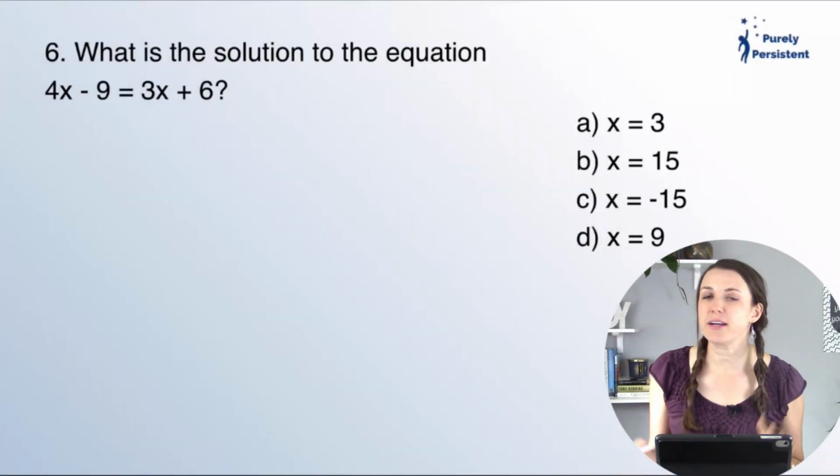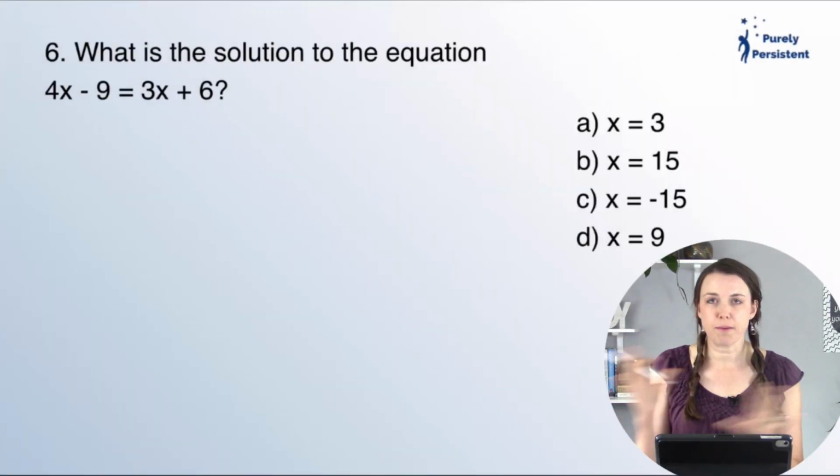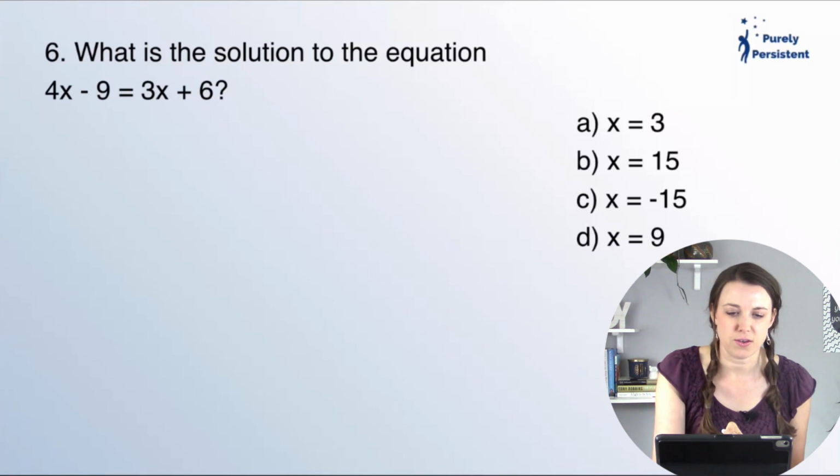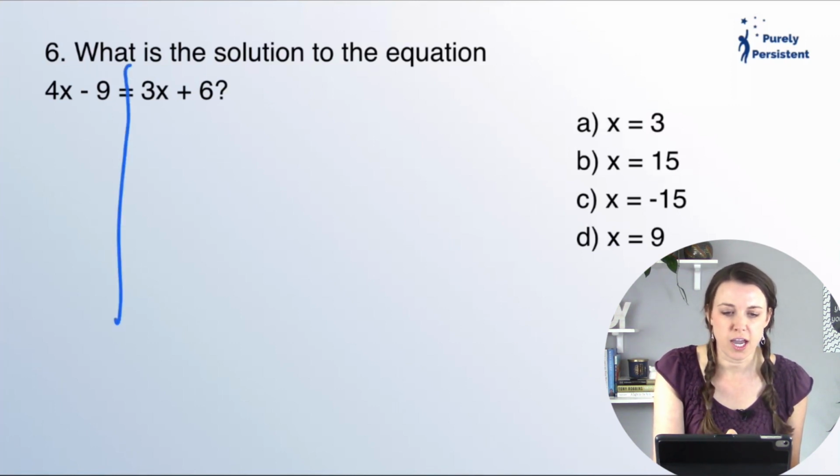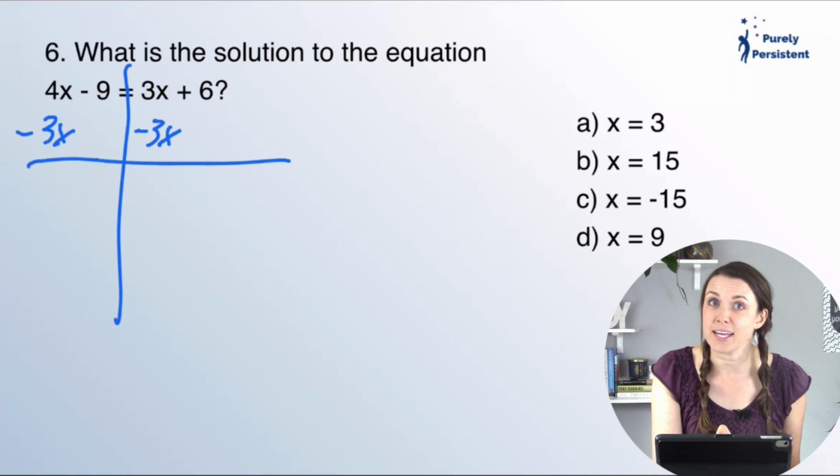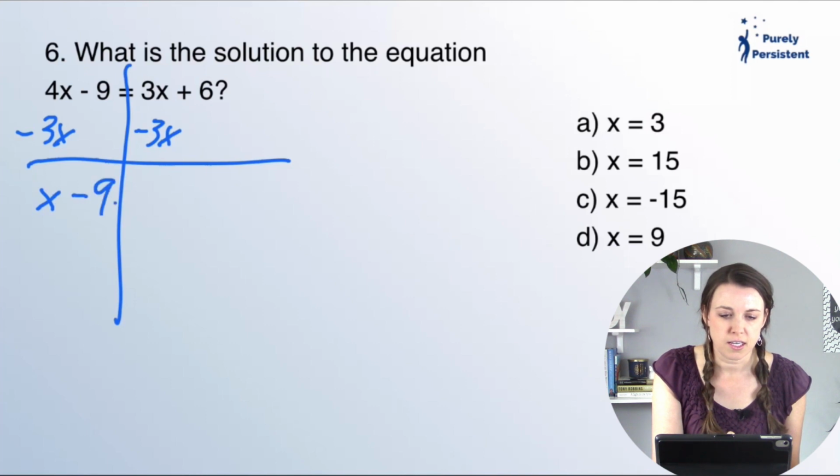And here's another one, just practicing moving numbers on both sides. So let's draw our line down, and I'm going to subtract this negative 3x first from both sides. Whatever I do to one side, I have to do to the other. So 4x minus 3x is just x equals, this cancels out.